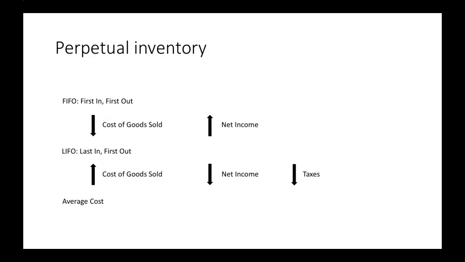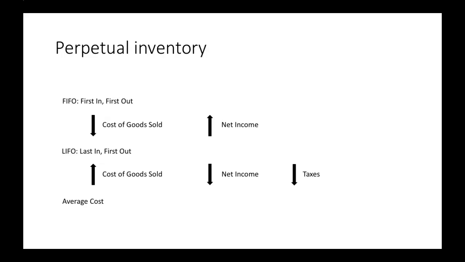So if you have a lower taxable income, you have to pay less in taxes. If you have a higher taxable income, like in FIFO, you're going to be paying more in taxes. Now, average cost is going to be just somewhere in between. The cost of goods sold won't be as low as FIFO and won't be as high as LIFO. The net income won't be as high as FIFO's or as low as LIFO's. And then the tax amount will be somewhere between FIFO and LIFO's as well.